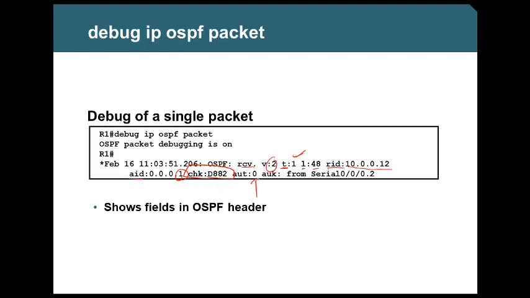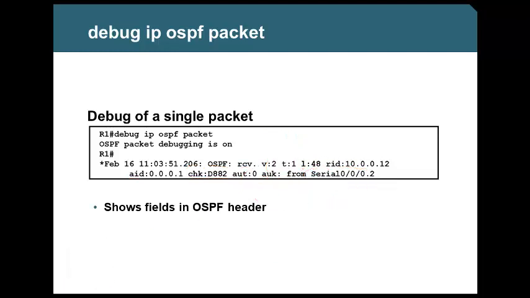Authentication is type 0, meaning null authentication. There are 3 types of authentication, 0, 1, and 2. 0 is no authentication or null authentication. 1 is clear text or plain text. 2 is MD5 or SHA. Now, there is no authentication key because the authentication is null authentication. And the interface via which you received this is serial 0/0/2.